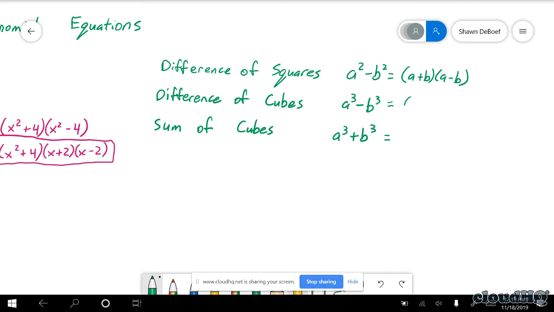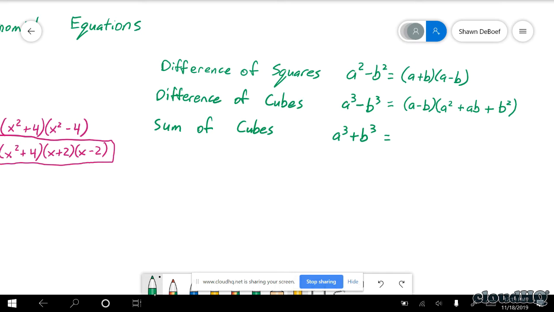You first have a binomial of a minus b, but then we have a trinomial of a squared plus ab plus b squared. We'll try some of these in a little bit, but we need to know that factoring pattern first.